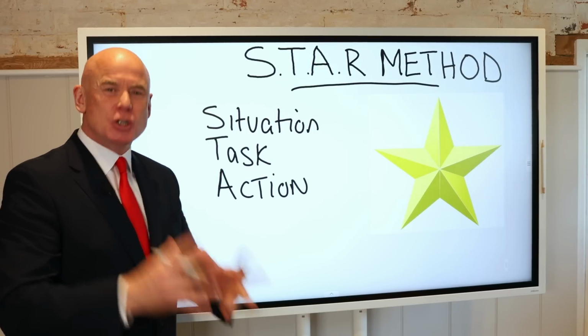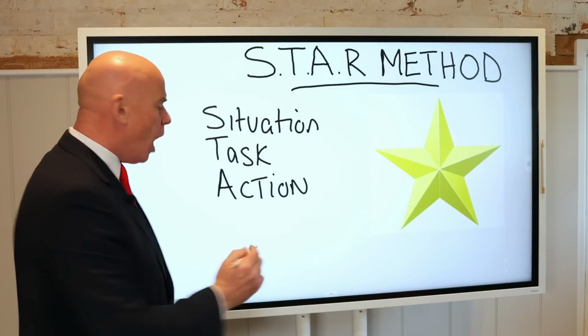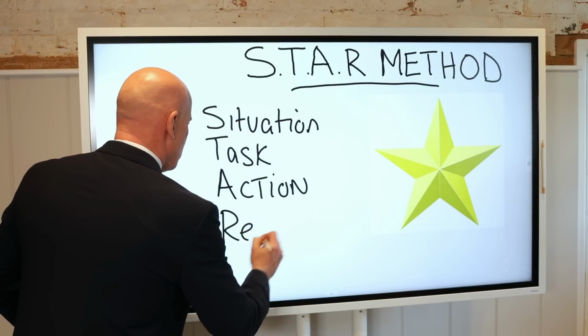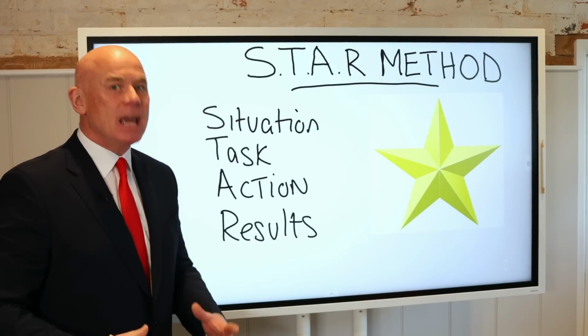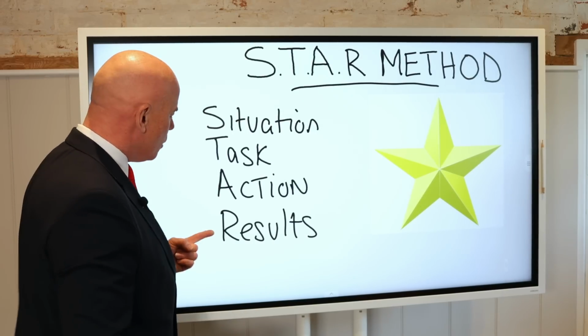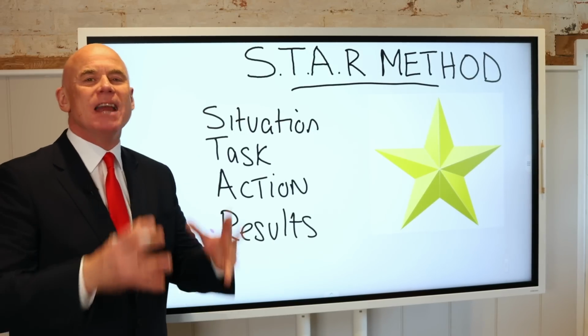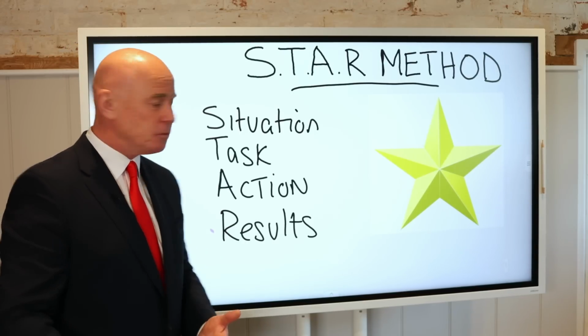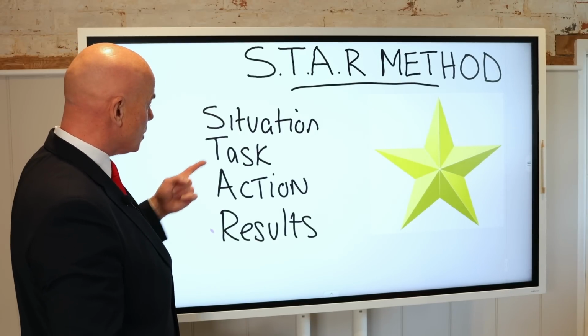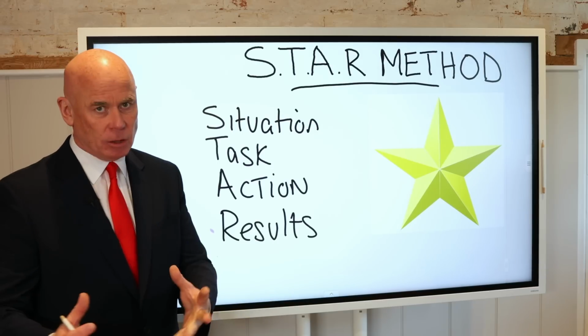And you then finish your answer and tell the hiring manager the results following your actions. And it is important to make sure the result is always a positive one. So the STAR method stands for situation, task, action, and results.